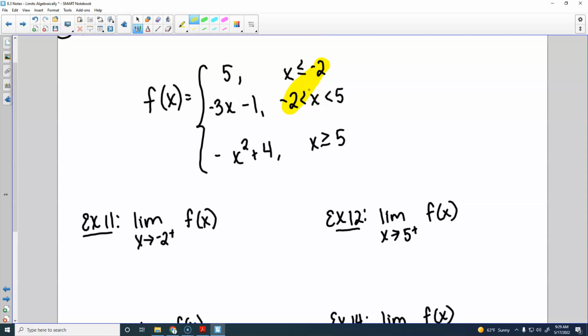So from the right-hand side, you would be looking at -3x minus 1. So you would do direct substitution with that right-hand side of the graph, which would be -3 times -2 minus 1. So you would get positive 6 minus 1, which gives you 5.